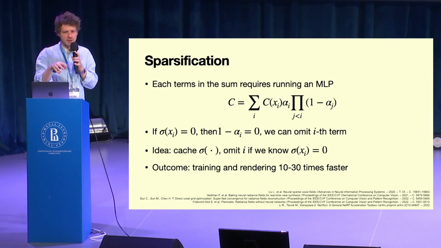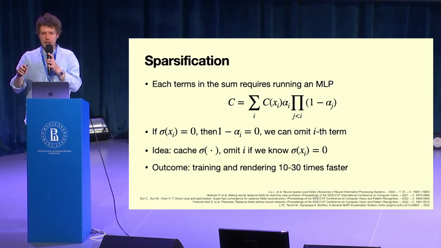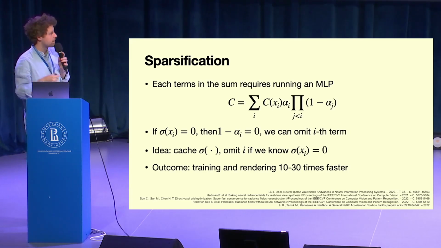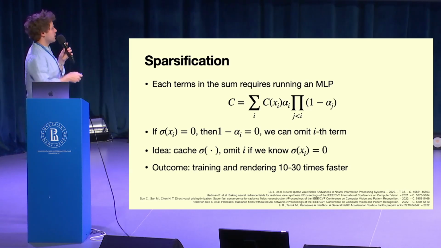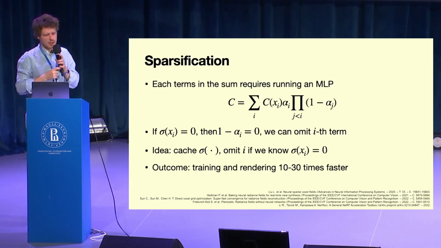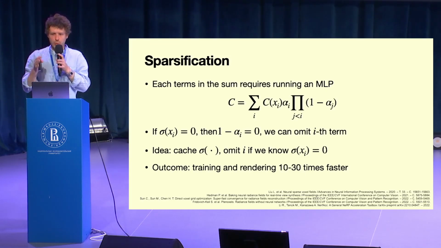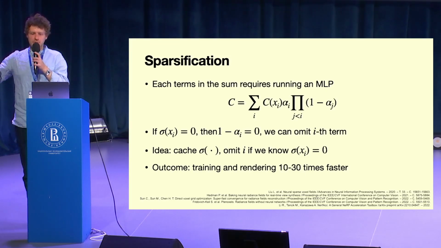If this point of space is empty, we do not compute density, do not compute color, and omit these points of the ray. If the product terms in the formula above are close to 0, we also omit the summands.